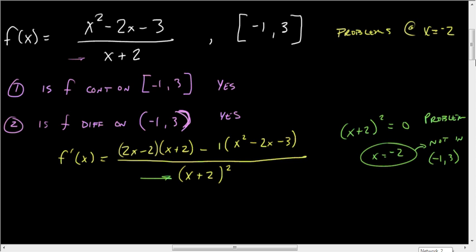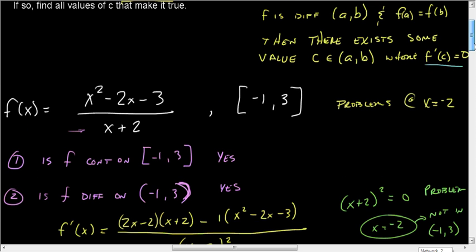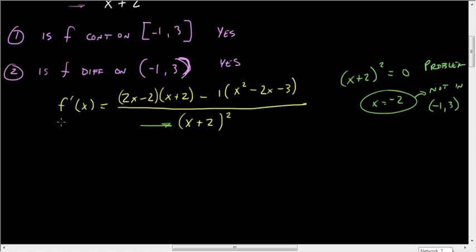The third thing that we have to look at is whether or not the y values are the same. So number 3, does f of -1 equal f of 3?